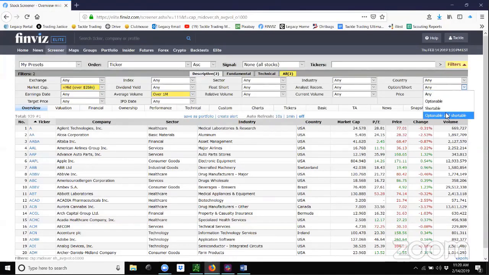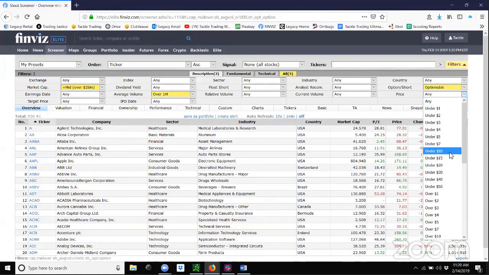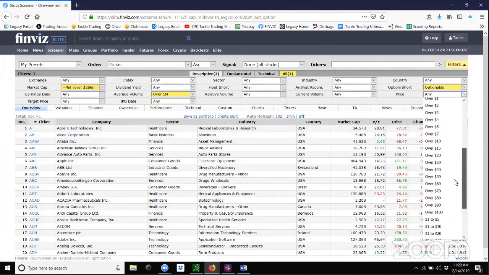And then obviously, I want it to be optionable. I'm scanning for credit spreads here. And then I want the price. This is very important because you can do credit spreads on $20 stocks, on $50 stocks, on $100 stocks. Personally, I like higher dollar stocks because when I find a stock priced under $50, the first thing in my mind doesn't say, hey, let me go do a bull put spread.